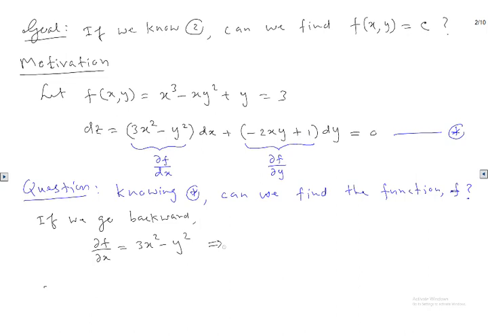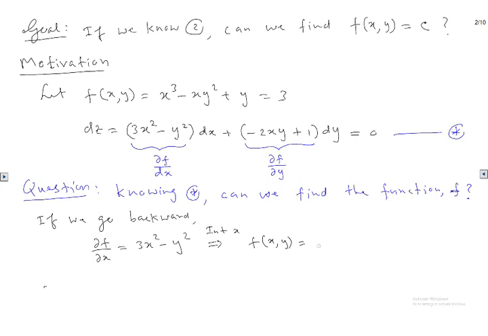So if you do that, then you should get the function back, because you're going to integrate this one with respect to x. So if you do that, you're going to get f(x,y). If you integrate with respect to x, just treat y as a constant.